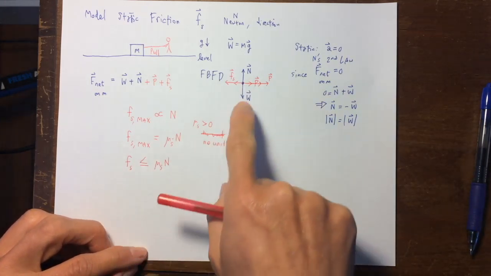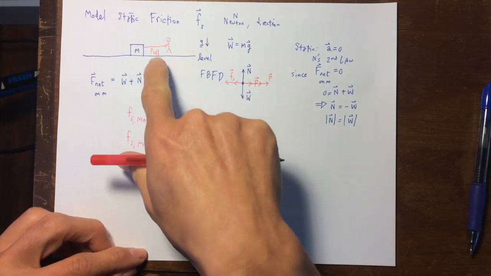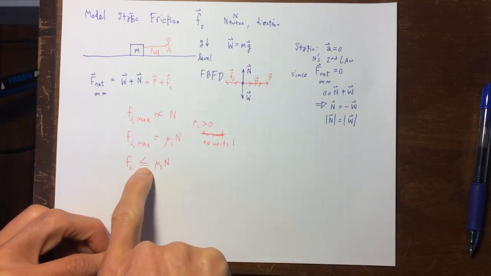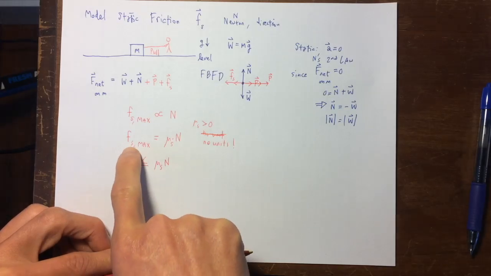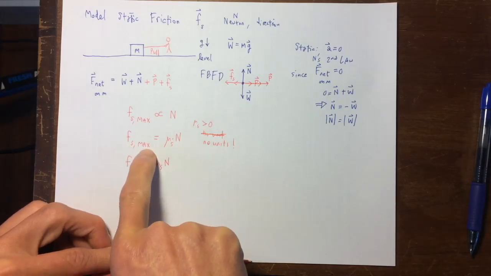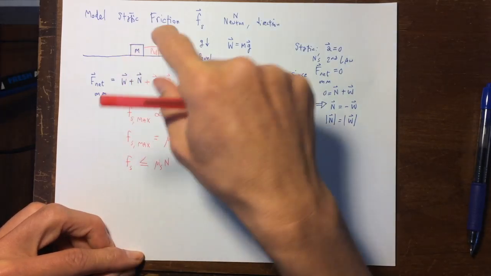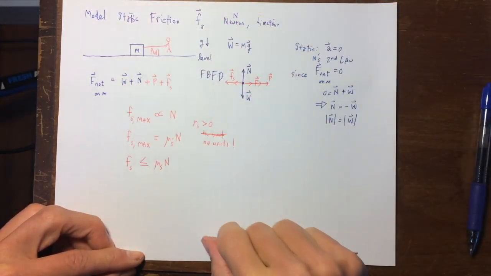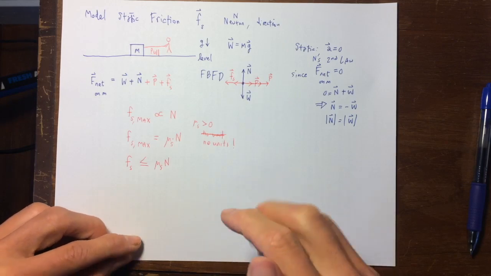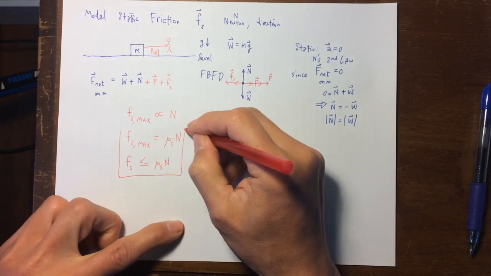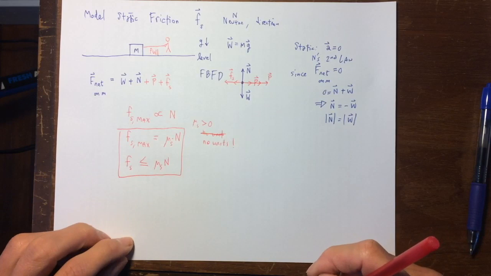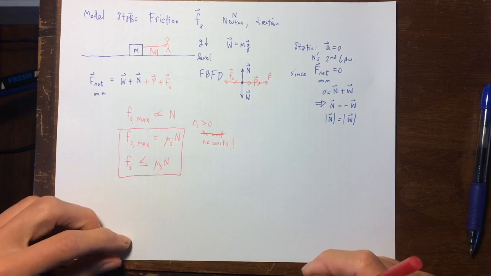But then at some point, the pull force is above the equal sign, and it's above the maximum available static friction force. And so you can cause the mass to slip and start to slide. So this is the simple model for static friction.